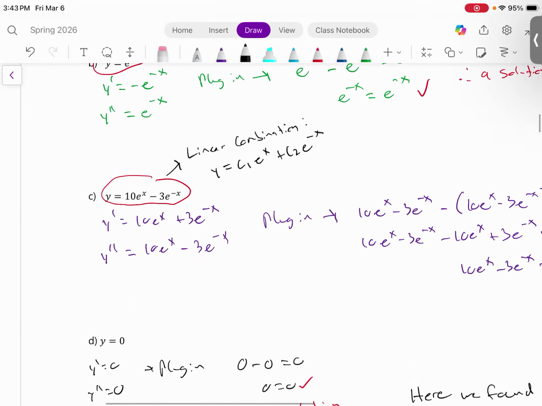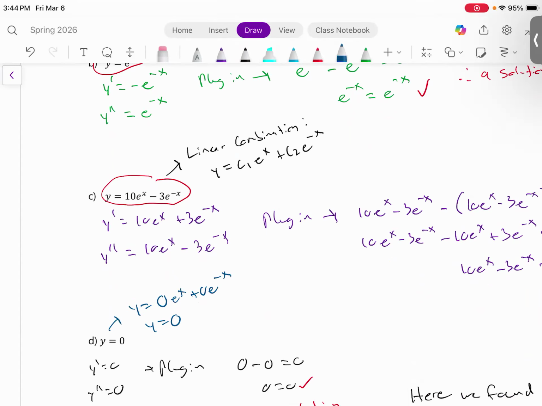For example, if we bring this back to example D, you're asking, well, why is y equals 0 a solution? That could be a possible trivial solution, because what if zeros were my constants? What if it was y equals 0 e to the x plus 0 e to the negative x? Well, that's going to give me y equals 0. It's still a possible solution.